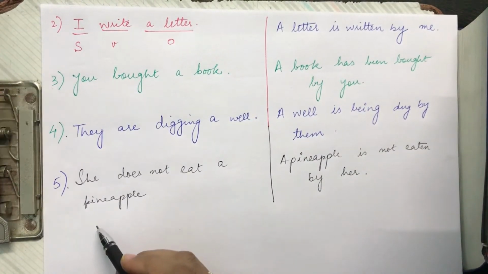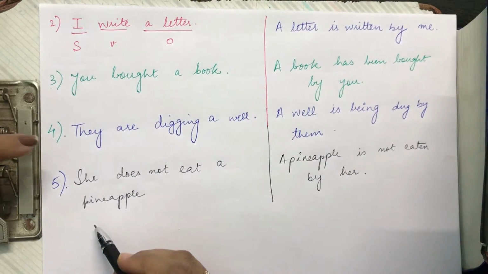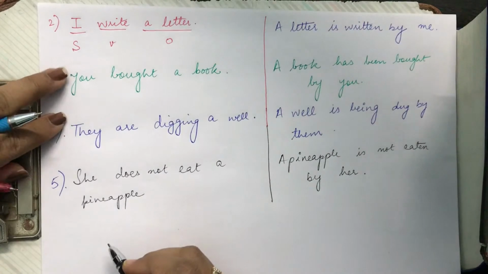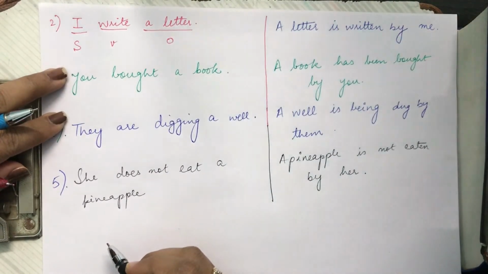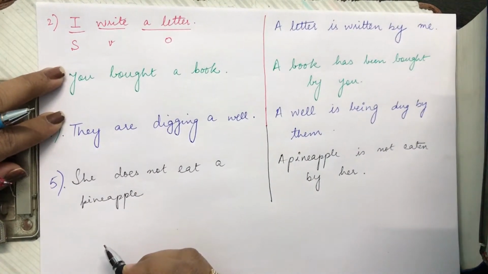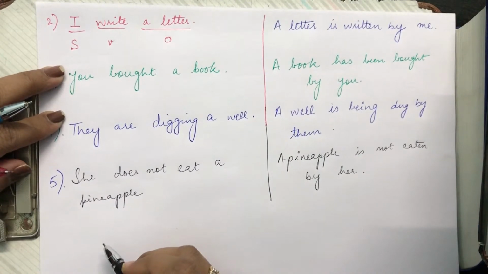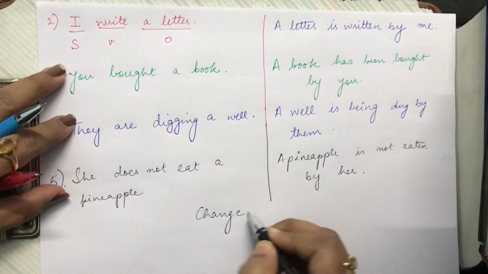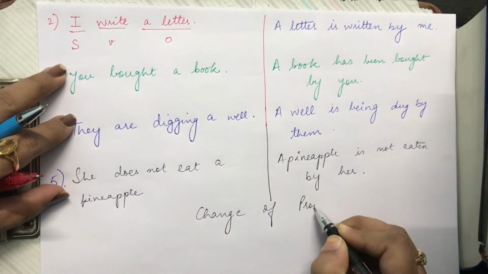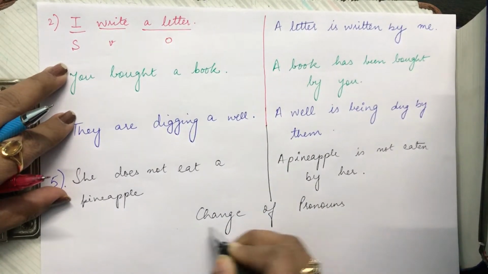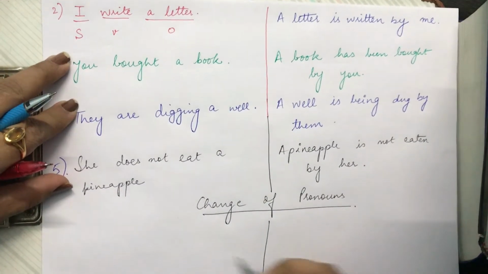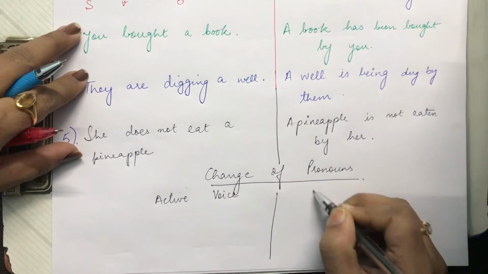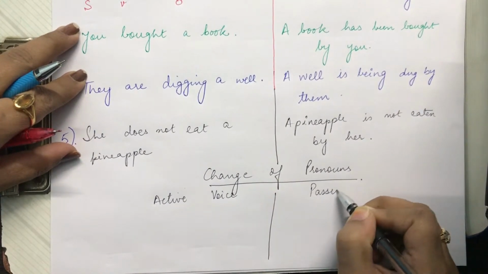Okay, so these were the examples. Now we are going to look upon the pronouns of the forms which are converted from the first person or the second person, from active to passive. Change of pronouns, because this is something which is really very important in active voice and in passive voice.